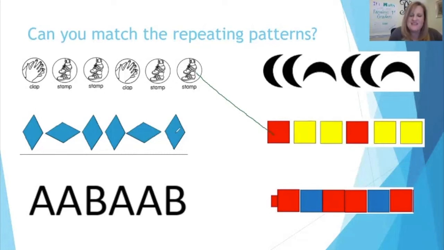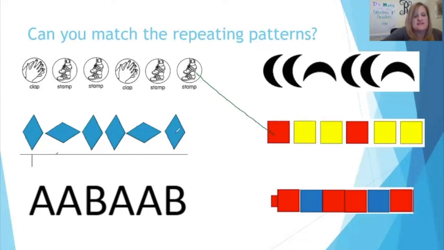Now, if this confused me, I could transfer the pattern so that I can see if it's the same pattern in a different way. Now, instead of doing an A-B pattern like I did last time, this time I'm going to choose numbers. So every time I see the first shape, I'm going to write a number 1.